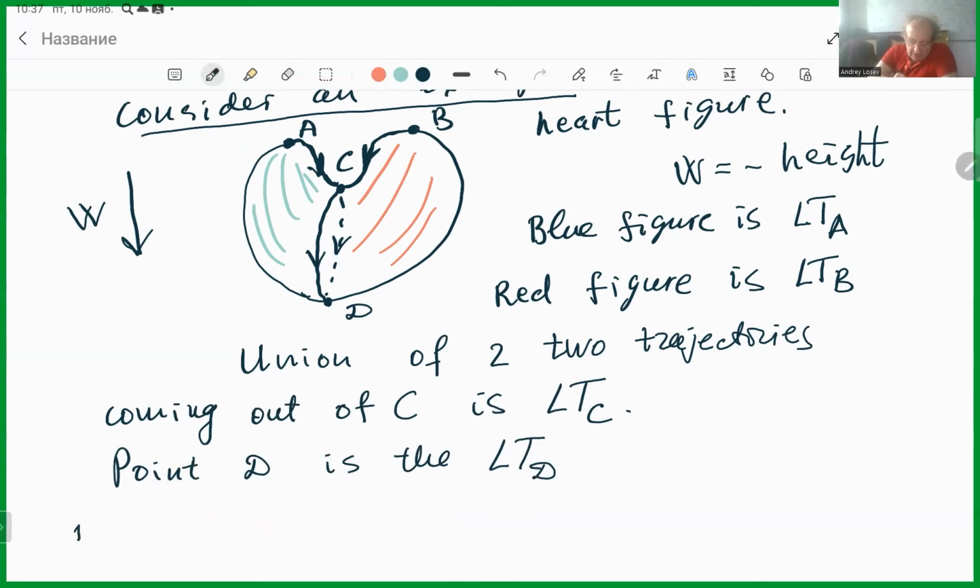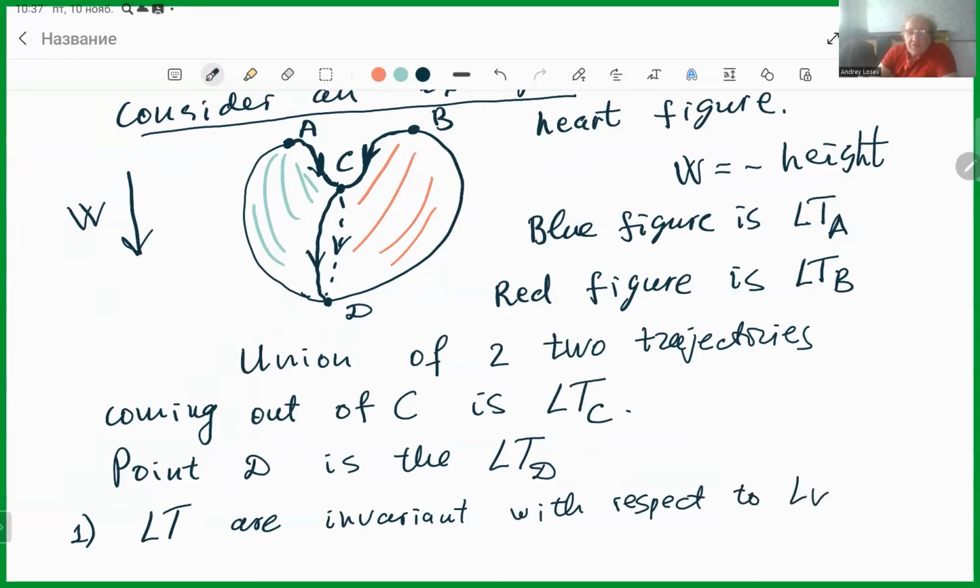So one thing is clear. Left symbols are invariant with respect to LV. It's obvious. If I have a point on the symbol, and if I start a flow, I will still be on a symbol.